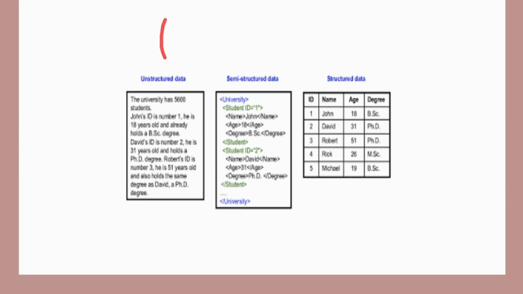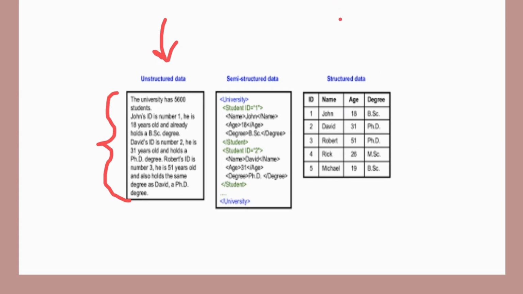An example of unstructured data is any text document which is just a collection of words, where identification information, such as the name, the degree, and the age, is not clear in the text. A machine cannot tell, though we humans can read and identify.